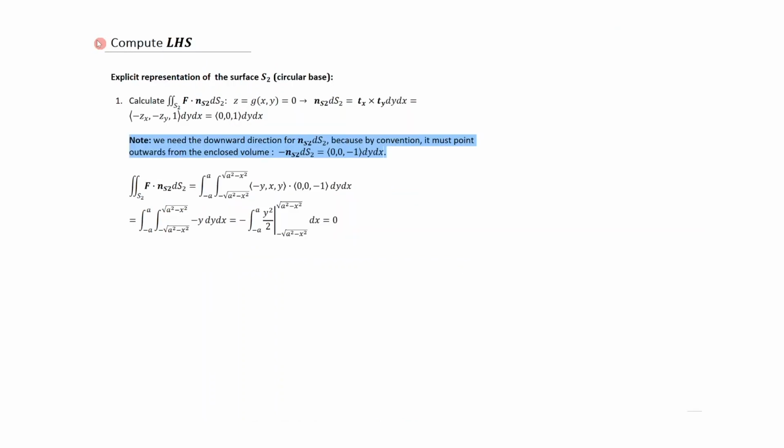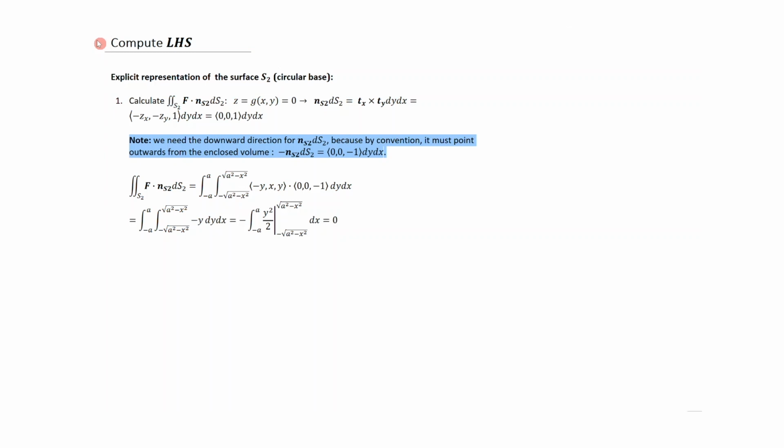All right, so the first step is to compute the left-hand side. And so we will first look at surface S2, which is the circular base. And here it's convenient to use the explicit representation of the surface S2. So the first step is to calculate the flux from the circular base.